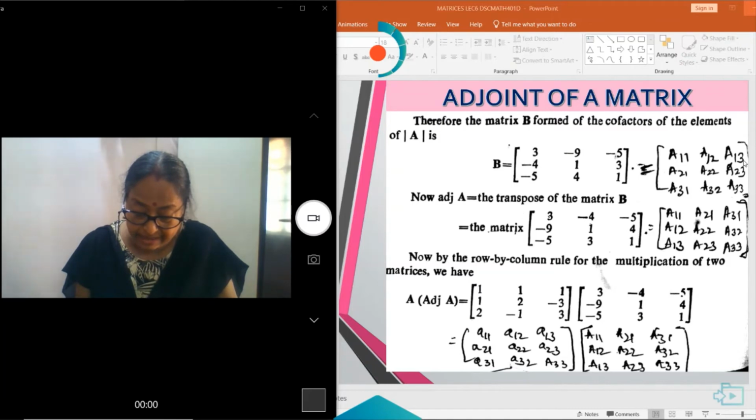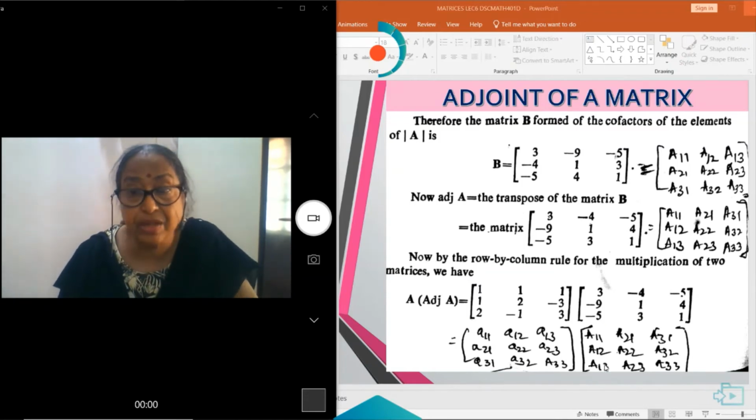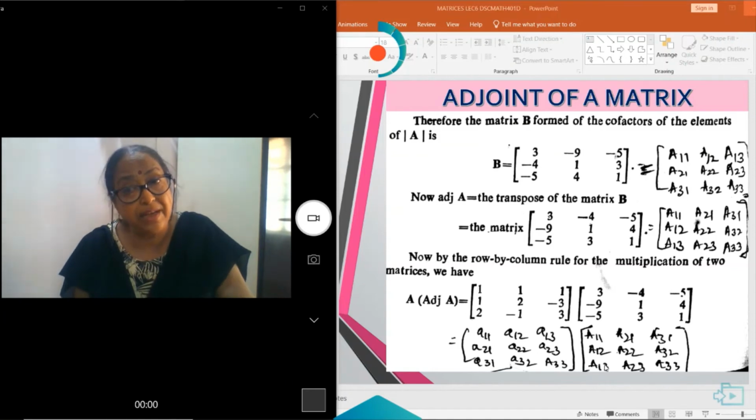Multiplying and then adding, we get the first value. This, when multiplied, gives the value of the determinant A.